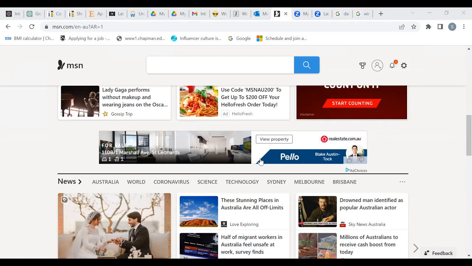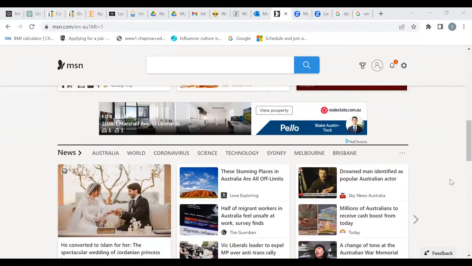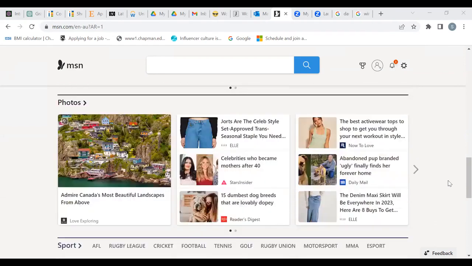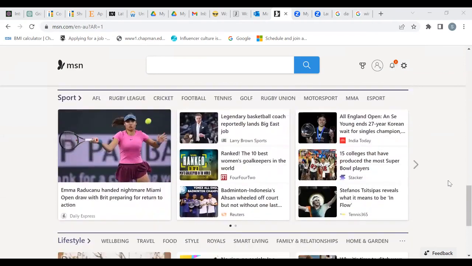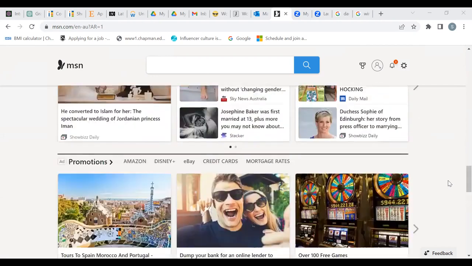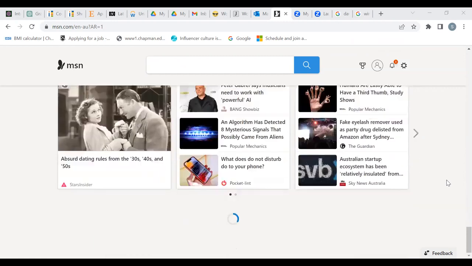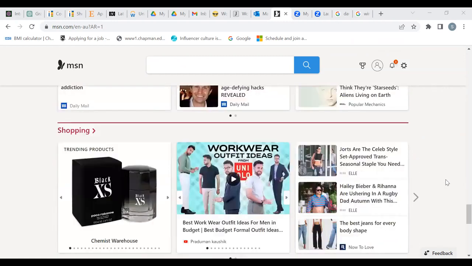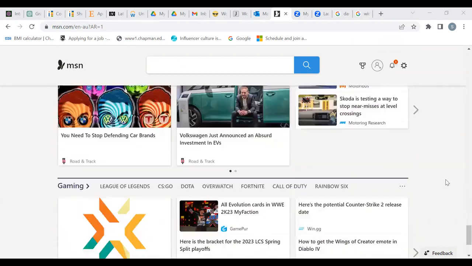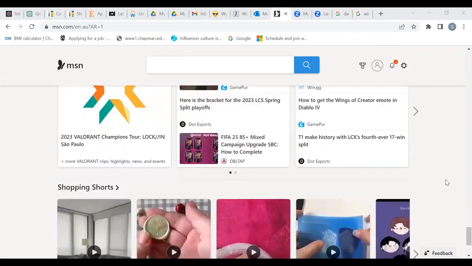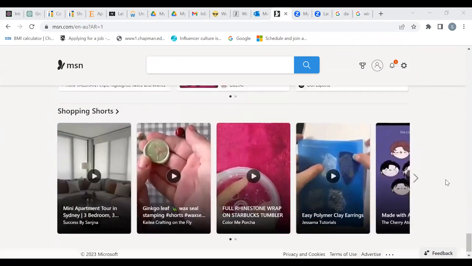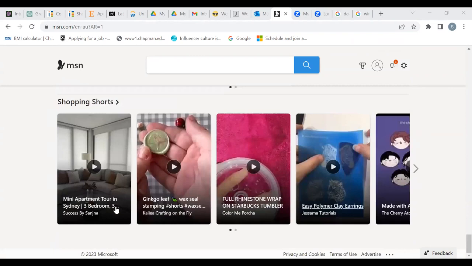Now you can notice that the size of the ads depends on the advertising budget. This is a pretty small banner ad as compared to Mitsubishi's ad. Usually you'll find them at the bottom as well, but not always. At the bottom of this web page, we have more of AdWords.